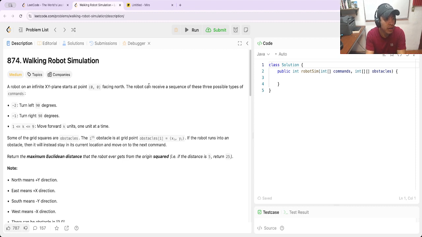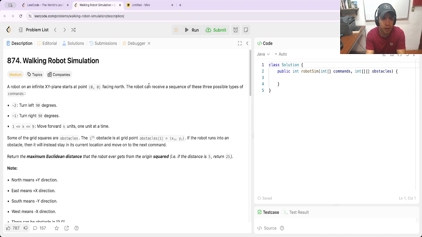It is number 874, Walking Robot Simulation. There is a robot on an infinite XY plane that starts at point (0, 0) facing north.